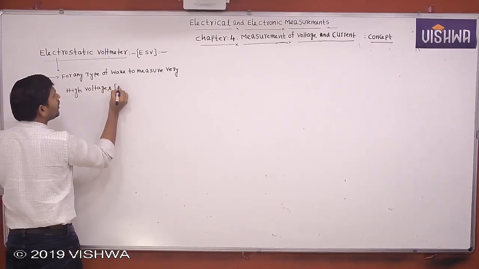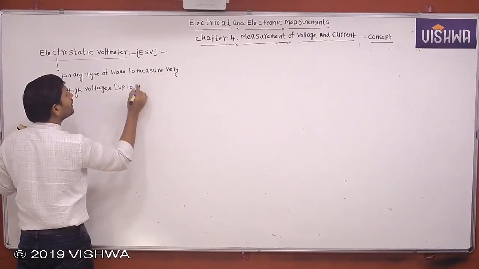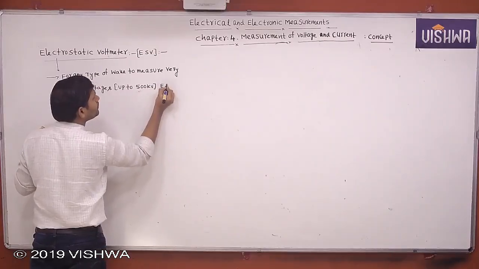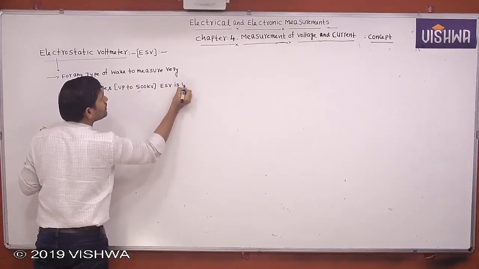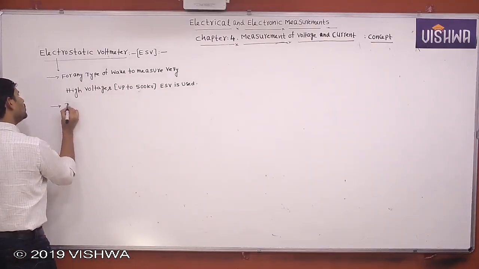We can measure up to 500 kV also. ESV, the electrostatic voltmeter, is used for both AC and DC.